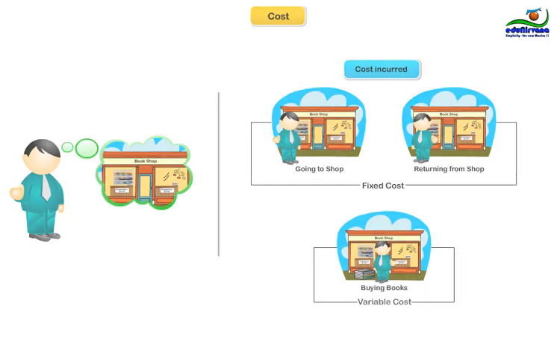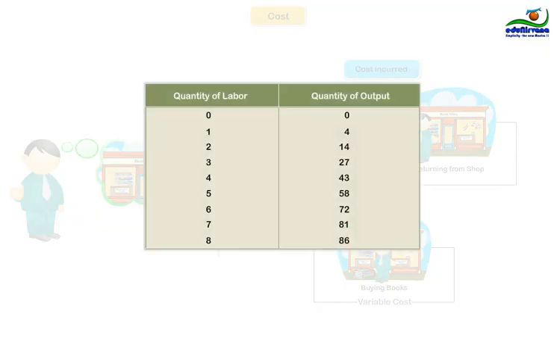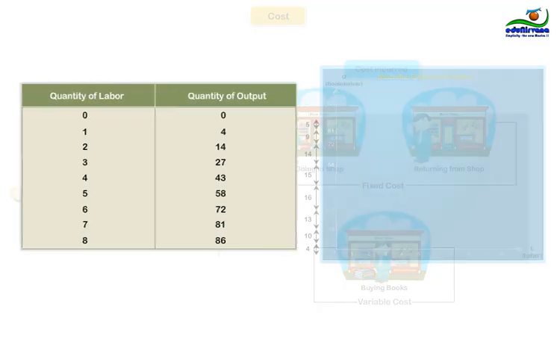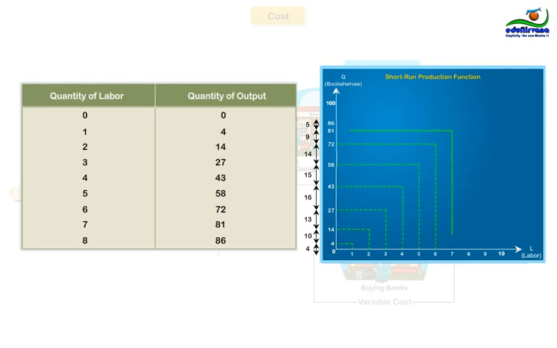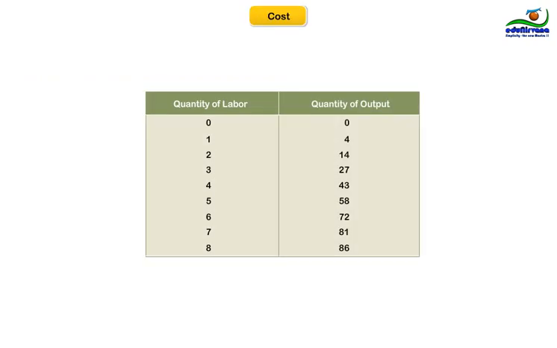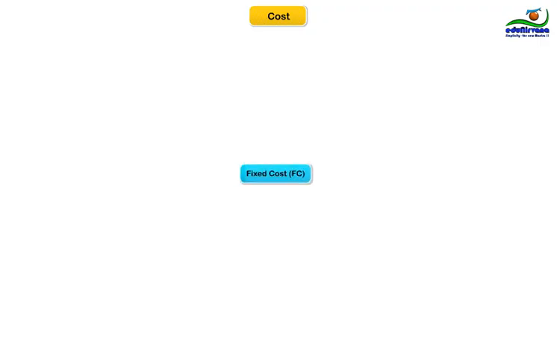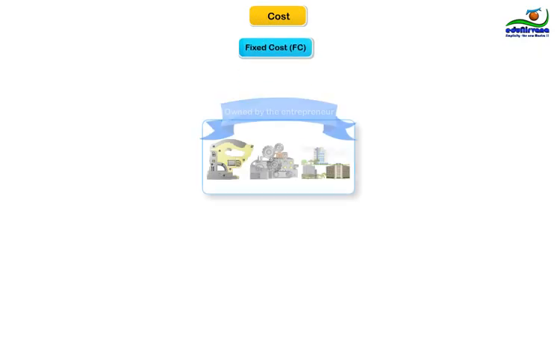To see how costs vary with output in the short run, it is convenient to begin with the simple production of bookshelf example we discussed earlier. The total cost of producing the various levels of output is simply the cost of all the factors of production employed. Let's first see the cost of fixed inputs for the firm, that is, fixed cost.